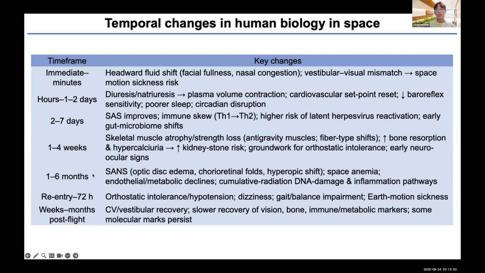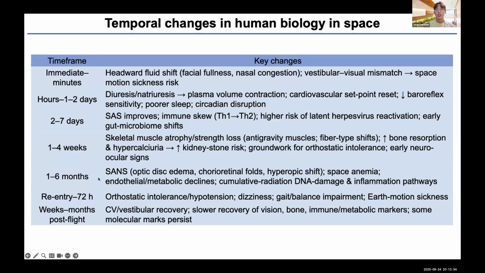And in 6 months, there is a well-known syndrome called SANS, the space-associated neuro-ocular syndrome, mainly affecting the visual system and nervous system. As space radiation is cumulative, there might be some risk of DNA damage, which might cause mutations. Those are representative temporal changes over 6 months.